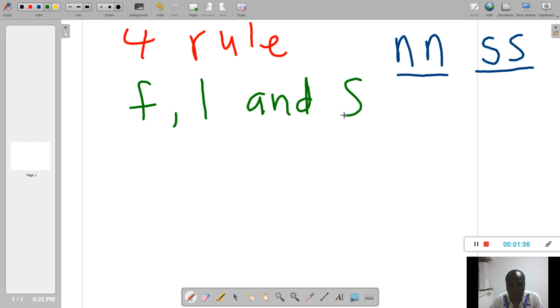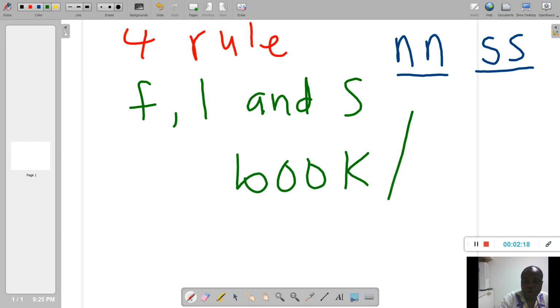When we're talking about syllables, normally a syllable relates to vowels, but the number of vowels does not necessarily equal the number of syllables. I can have a word like book.